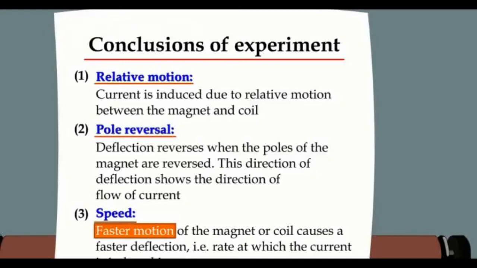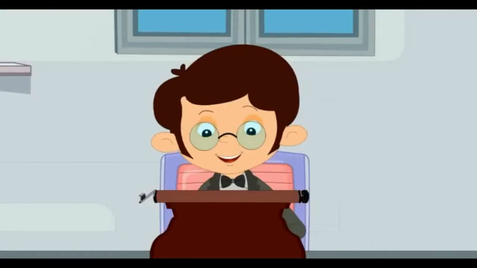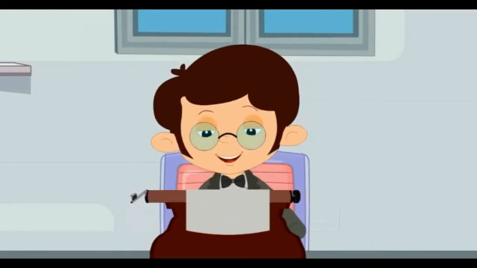The direction of deflection shows the direction of the current. Then third point, faster motion of the magnet will produce faster current in the coil.